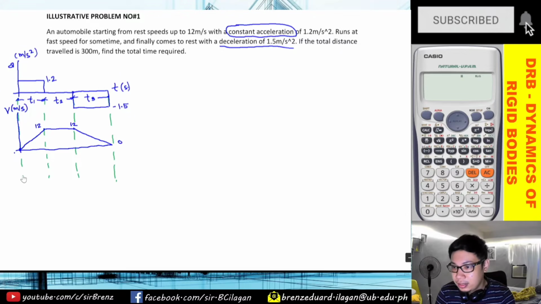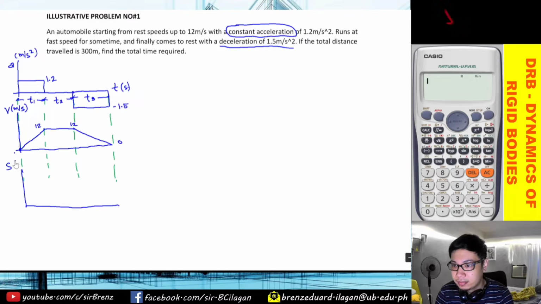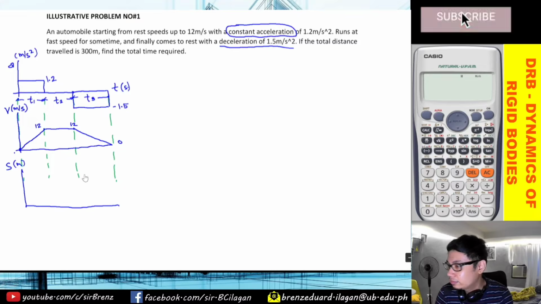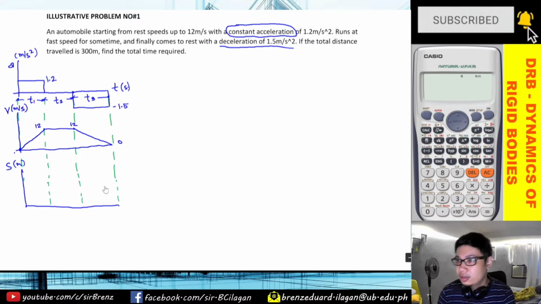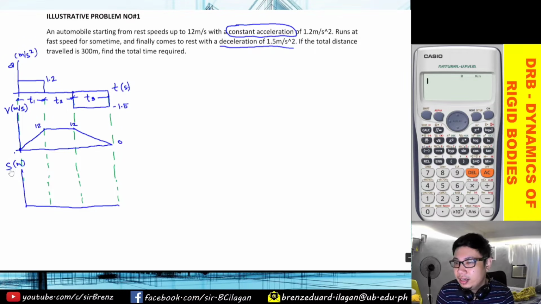Extend lang ulit natin to. Yung last graph natin will be for the displacement S, which is in meter. I-graph muna natin yung displacement, kasi sabi dyan, yung total distance travel daw niya is 300 meter.